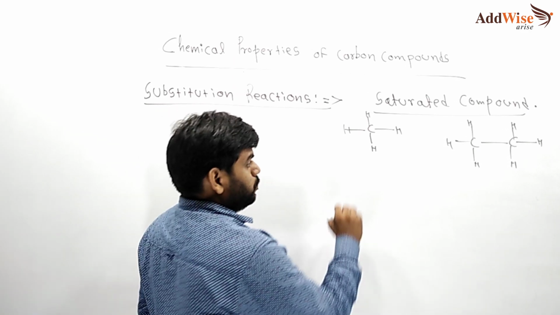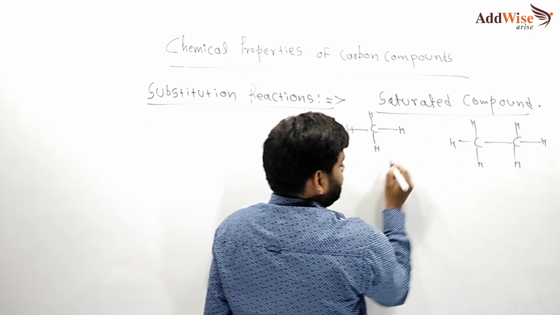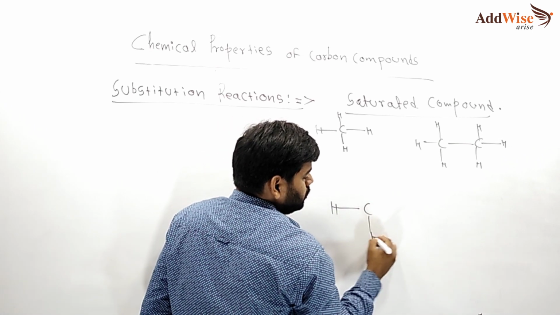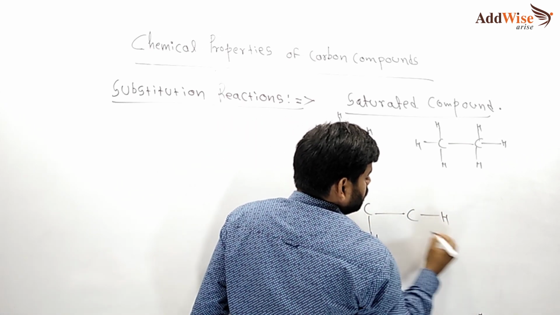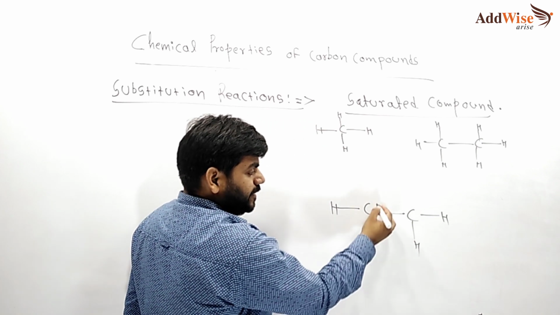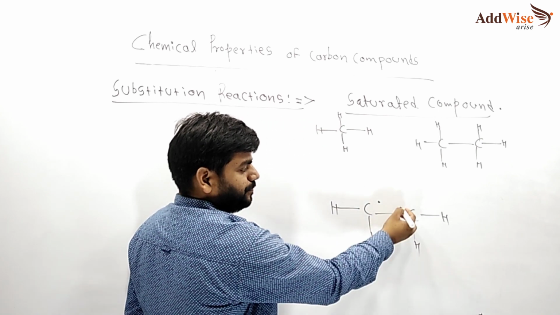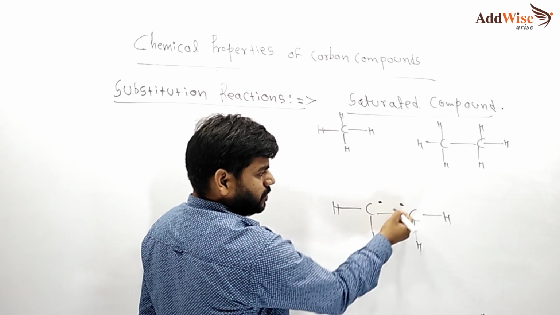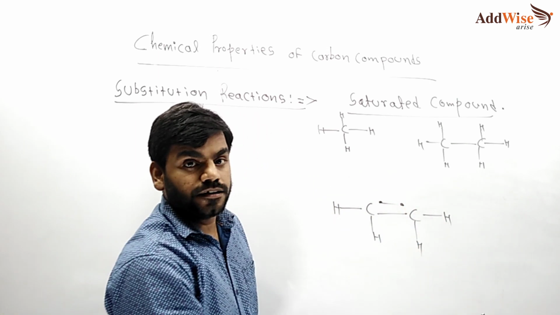Suppose we take any unsaturated carbon compound, then here we have free electrons. Free electrons means these electrons can be used in bonding.